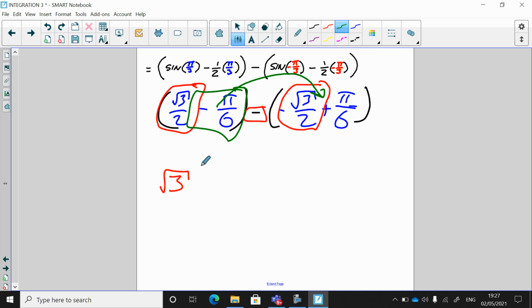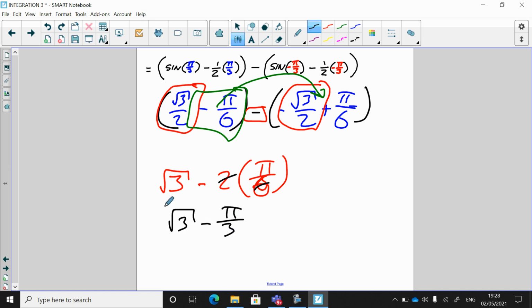So I'm going to be taking away 2 lots then. So if I do that there and that there, it gives me root 3, take away pi over 3. That's what it looks like the answer is to me.